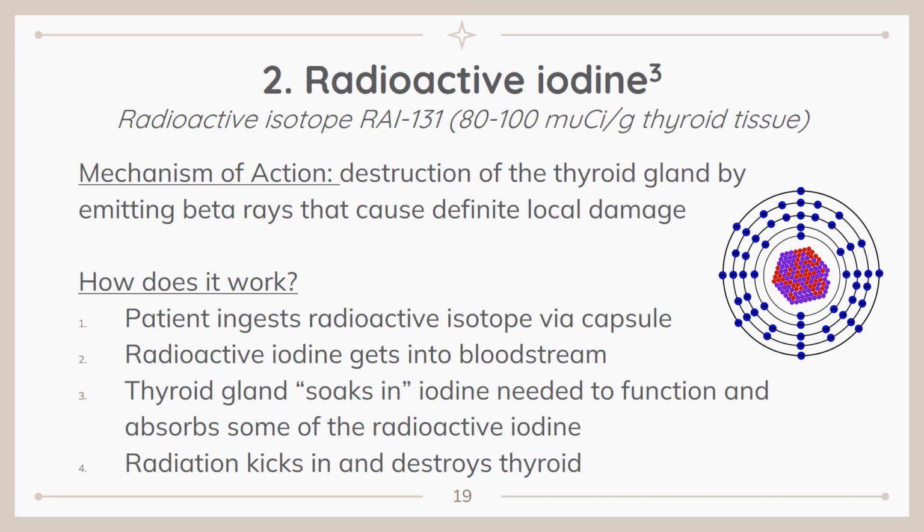The radioactive iodine is then absorbed via the stomach wall and into the bloodstream. The thyroid gland then soaks in any remaining iodine needed to function and create those thyroid hormones, and absorbs some of the radioactive iodine. And then the radiation kicks in via its mechanism of action and destroys that thyroid gland.